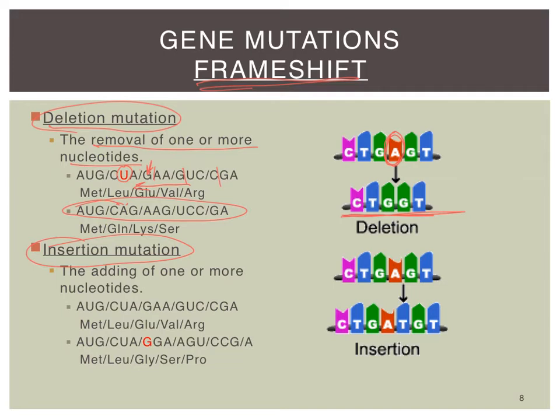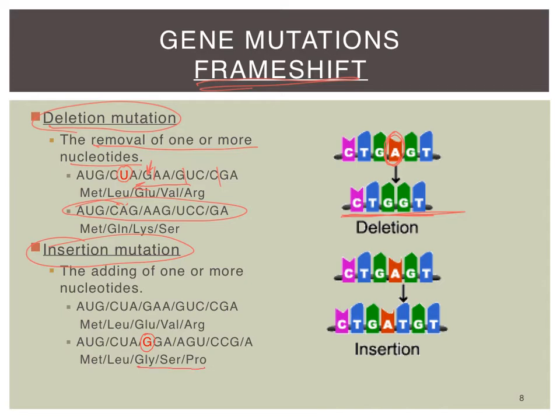Insertion is adding of one or more nucleotides. So in this case, this AUG, CUA, GAA, what's happening is this G is being inserted. So we're getting an extra G in there. And again, it changes the reading frame, and it changes these amino acids, everything after this point.